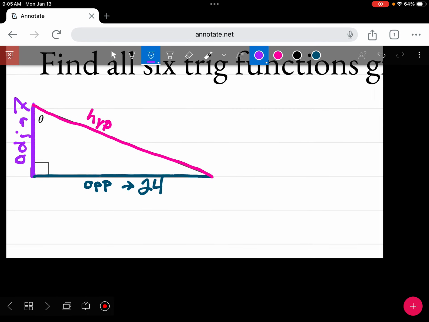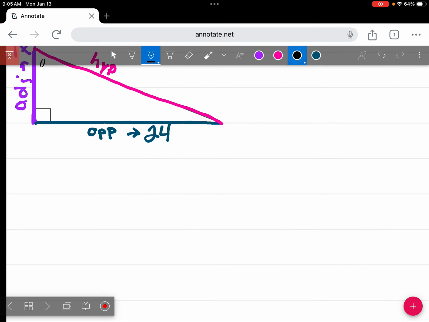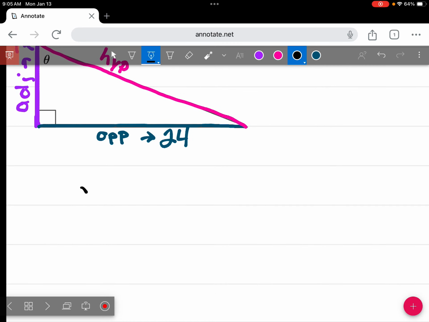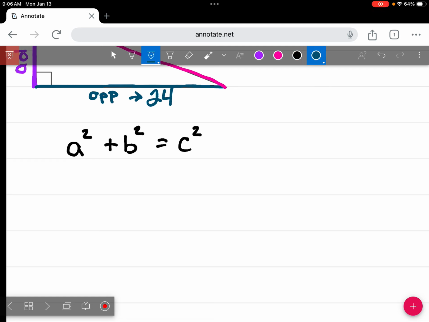So how could I figure out how big the hypotenuse is? Yeah, use the Pythagorean theorem. Our a squared plus b squared equals c squared. Well, our legs are the a and b, so it doesn't matter which one it is. So I'll put it as 24 squared plus our 7 squared equals that hypotenuse squared.